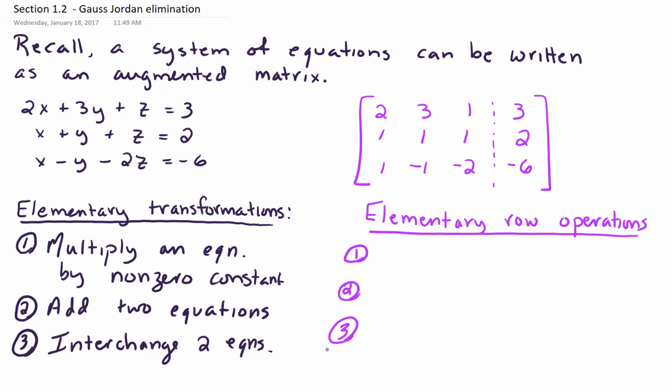Over here in an equation, if we multiply an equation by a non-zero constant, that's analogous to multiplying any row by a non-zero constant.